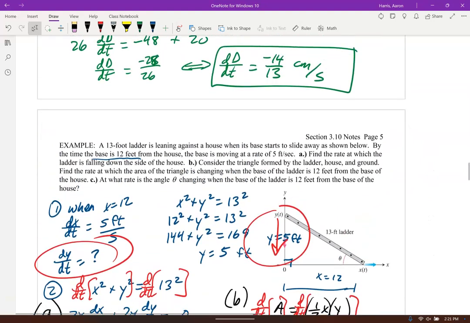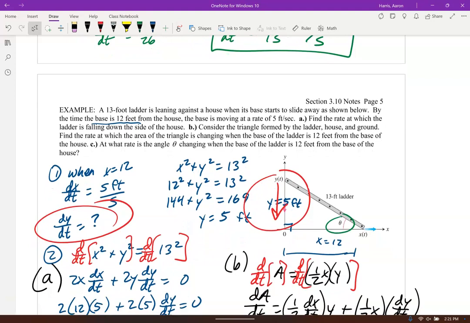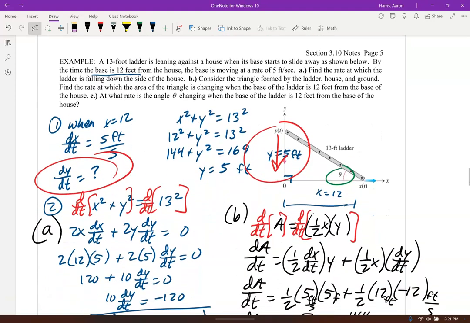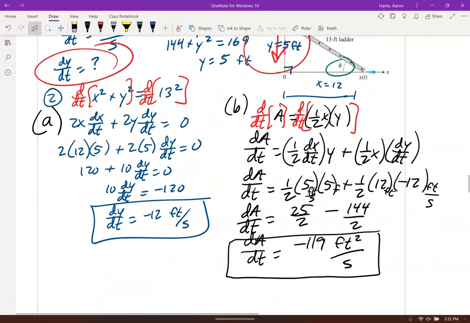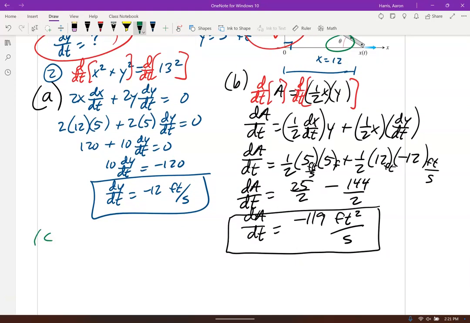Part C. At what rate is the angle theta changing? Okay, so we've got this angle theta right there. How about at what rate is it changing? So d theta dt when the base of the ladder, again, is 12 feet from the base of the house. Well, you want to use one of your right triangle trig functions.